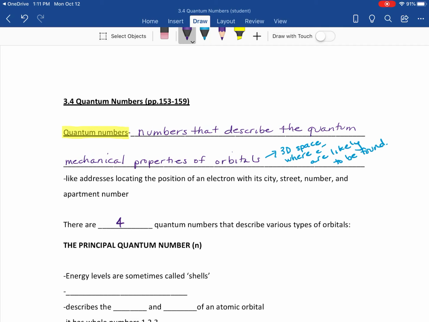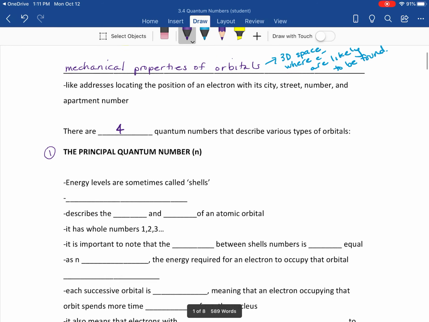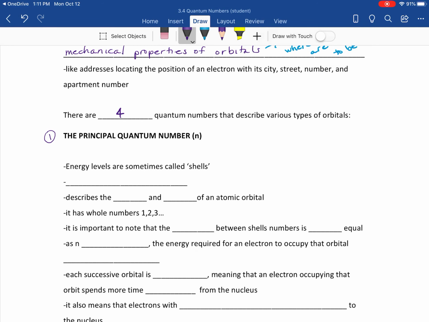Okay, so our very first one, and I'll put a 1 here, is our principal quantum number. This is one that we're familiar with because it can pretty much be attributed to Bohr. So we're no longer going to call the places where electrons are likely to be found orbits or shells.